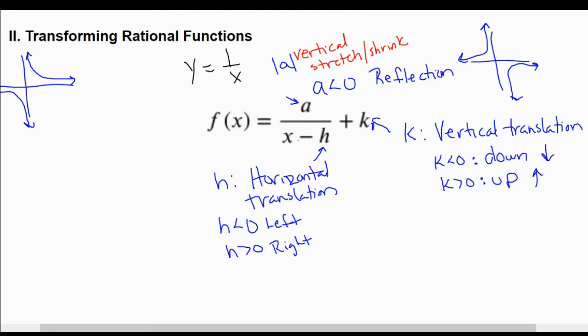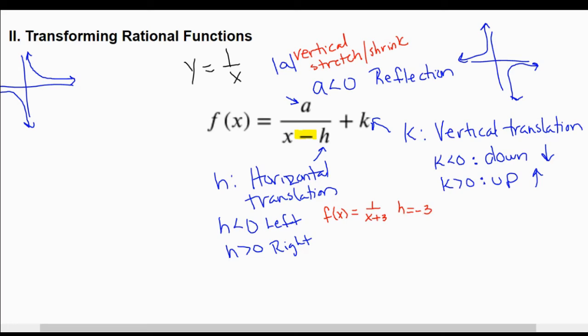Now, please note that because there is this negative already here, what you are going to see in your equation will not represent negatives and positives as we think they would. So here's an example. If I have f of x is equal to 1 over x plus 3, then my h is negative 3, okay? So I see a positive in the equation. However, my h value is actually negative.